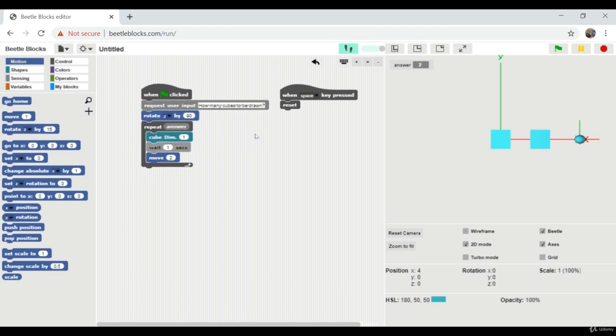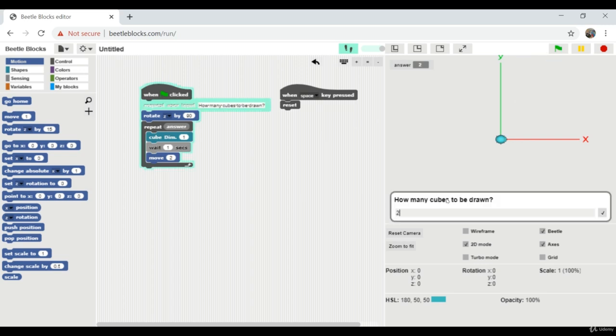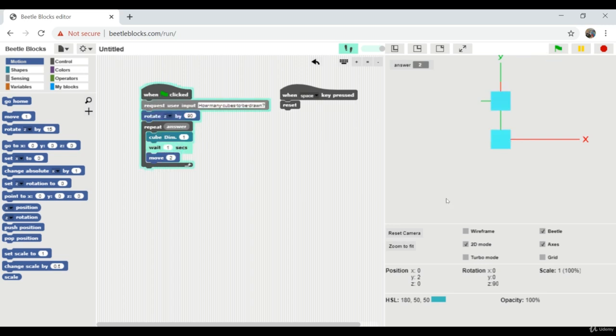Now let's reset it, and if we run it again, what will happen is, first the beetle will get rotated by 90 degrees and then it will move. So in whichever direction the beetle is, it will move in that direction. So let's run it. What happened here is, first the beetle got rotated by 90 degrees and then it started drawing the cubes.